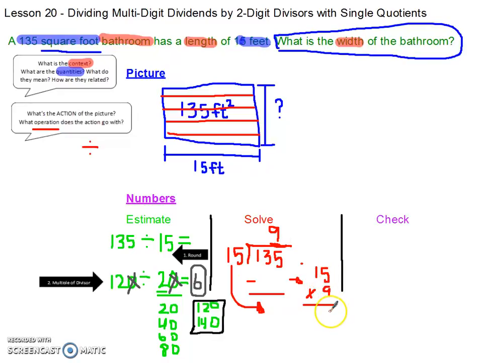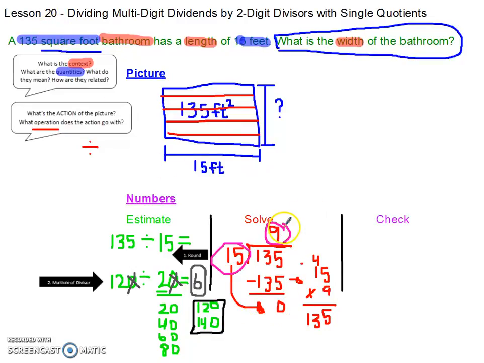So 9 times 5 is 45. And then 9 times 1 is 9, plus 4 is 13. So now I'm taking away the 135, which I notice is exactly what my whole was, and so that would be 0. I can't make any more groups of 15, so I know that 9 is my answer.